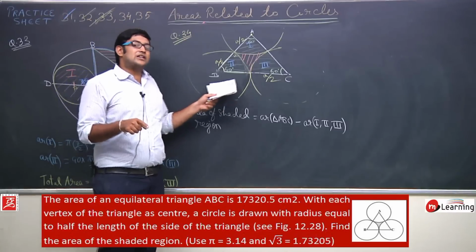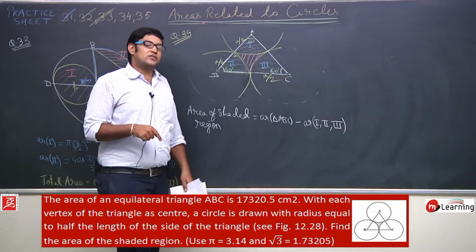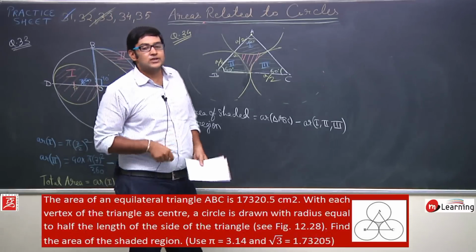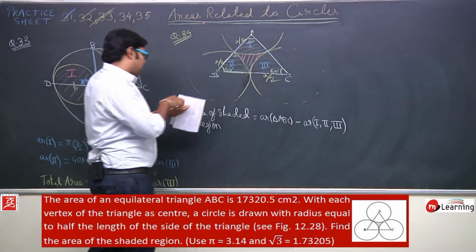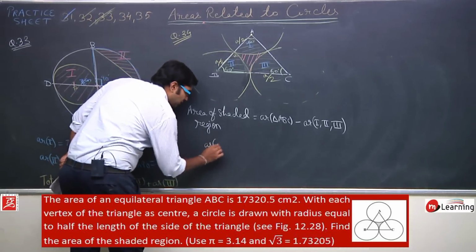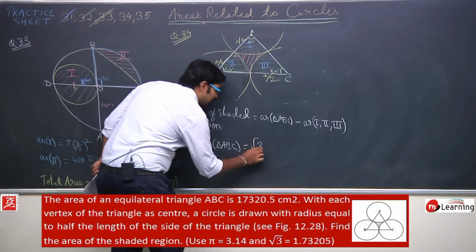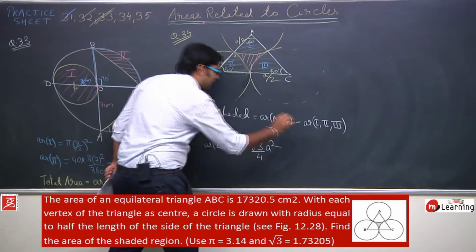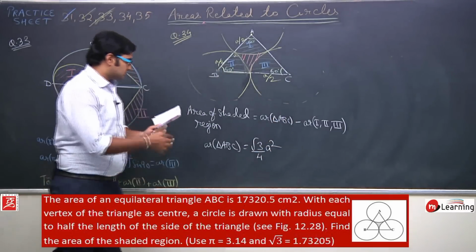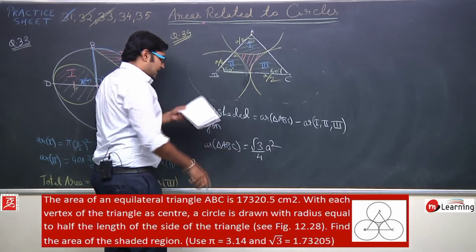Can I calculate the side of the triangle? The clue to calculate it is the area of the triangle. What is the area of an equilateral triangle? Area of triangle ABC is equal to root 3 by 4 a squared, where a is the side of the triangle.